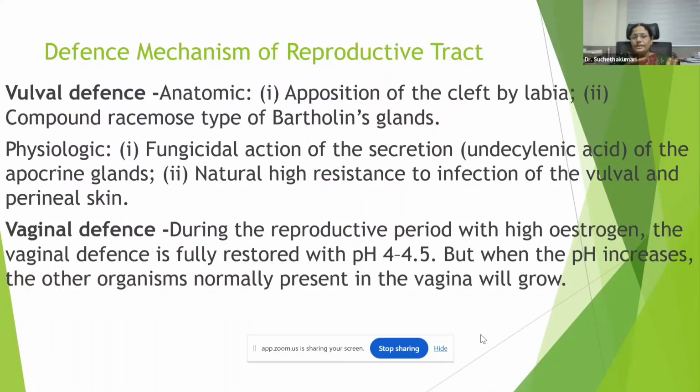But sometimes there is a chance that this pH will be increased because of infections, or because of menstruation, or because of unhygienic conditions, etc. Then there will be growth of other organisms, and it will lead to infection. Otherwise, if the pH is in the range of 4 to 4.5, there is less chance of infection.